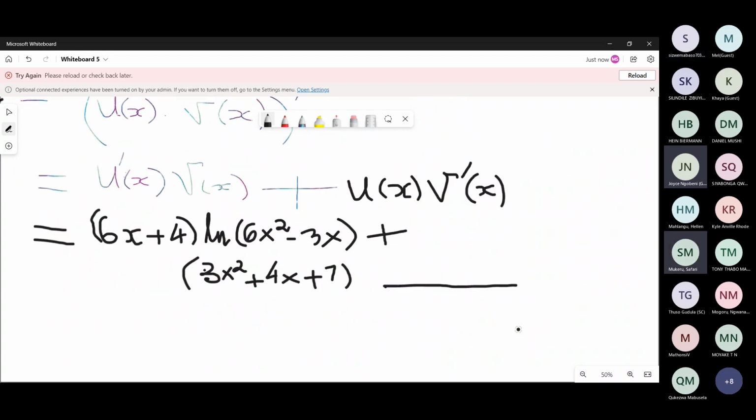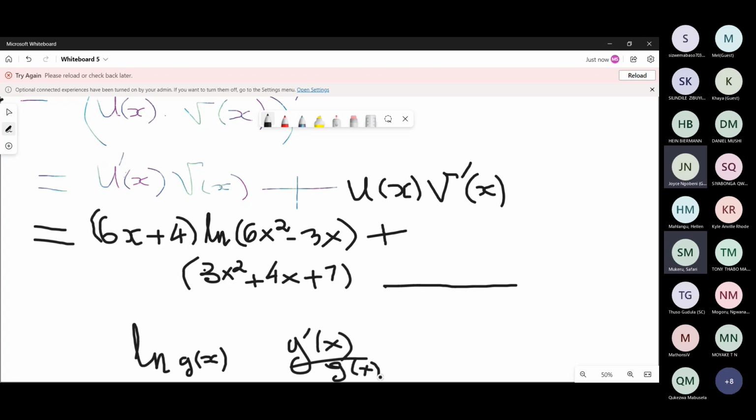Do you remember ln of something? Let me take ln of g. The derivative is g prime over g. Very good.